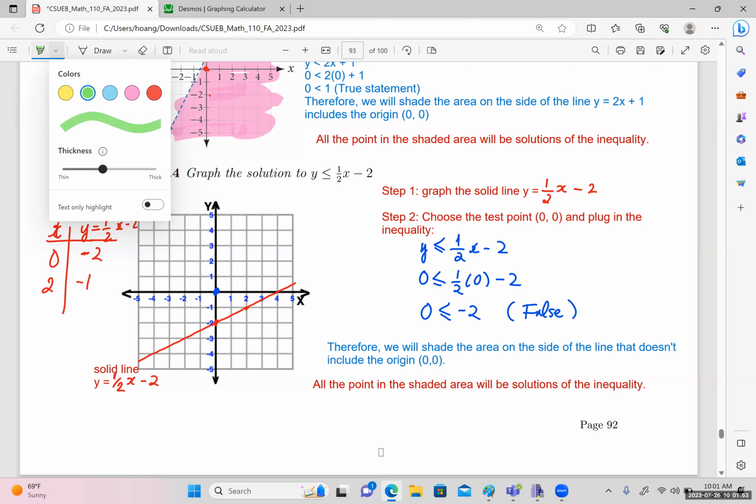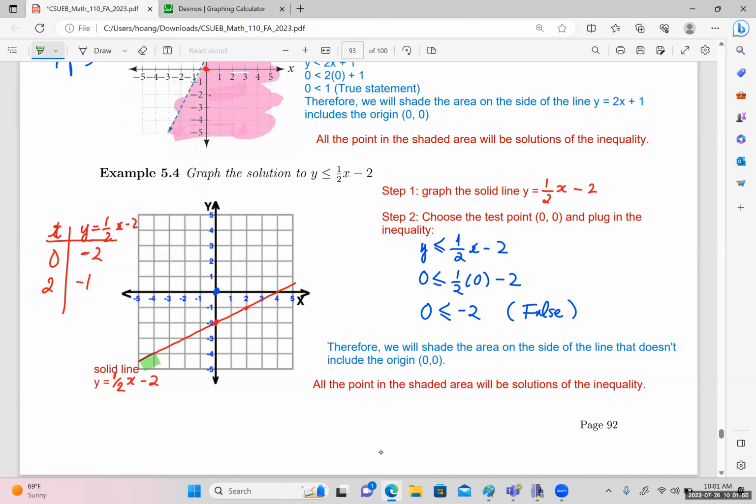It should be this area over here, right? The one that does not include the origin. Okay. All right. So that will be it.